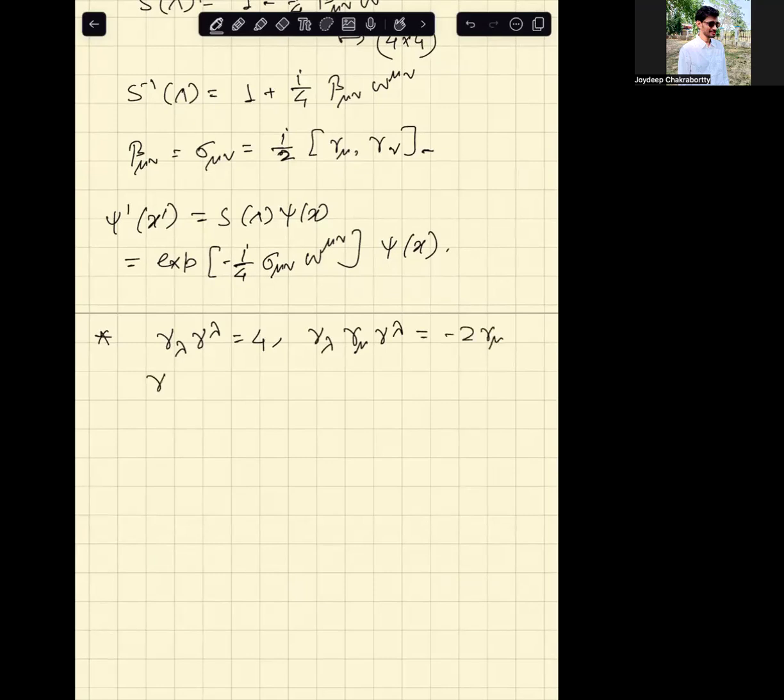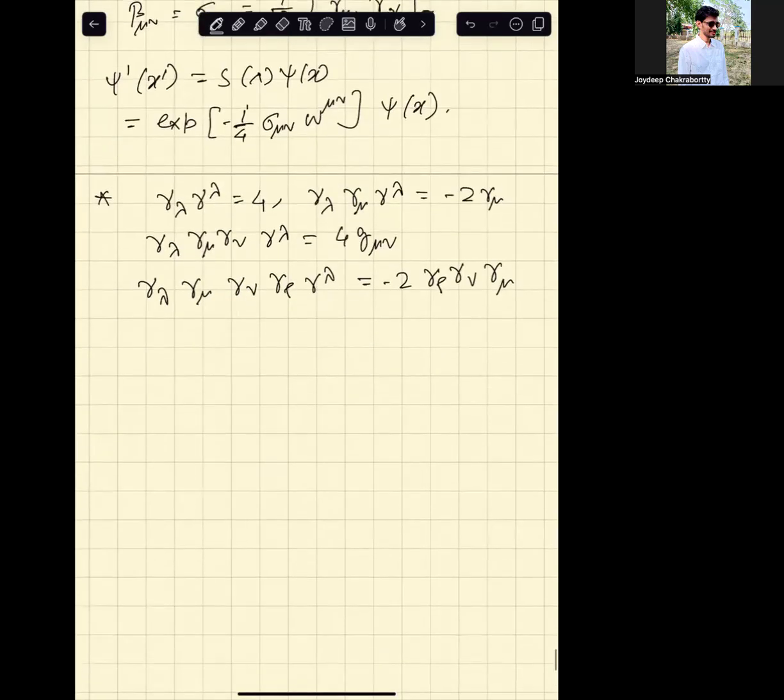Then gamma lambda gamma mu gamma nu gamma lambda is 4 g mu nu, and then gamma lambda gamma mu gamma nu gamma rho gamma lambda equals minus twice gamma rho gamma nu gamma mu.